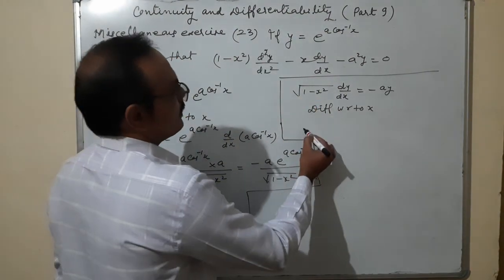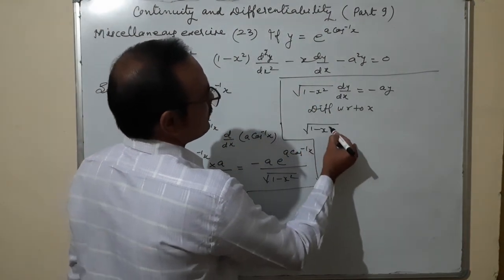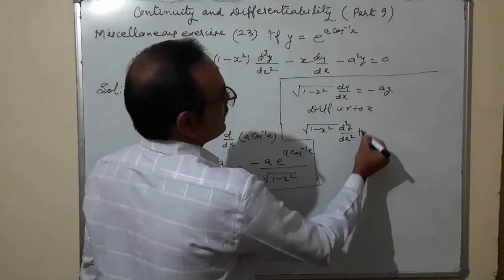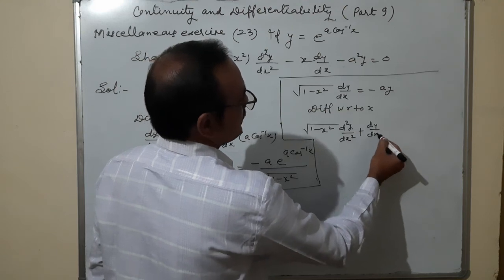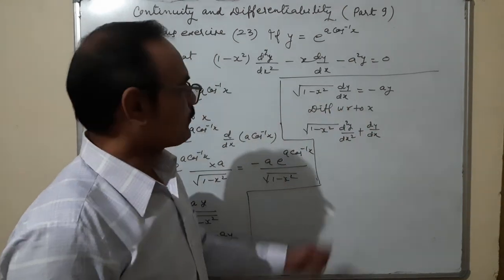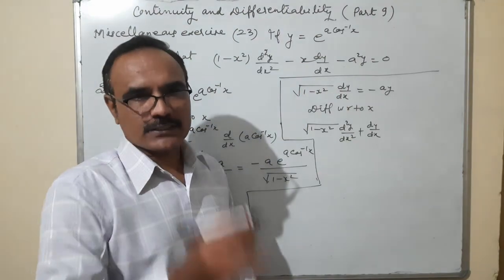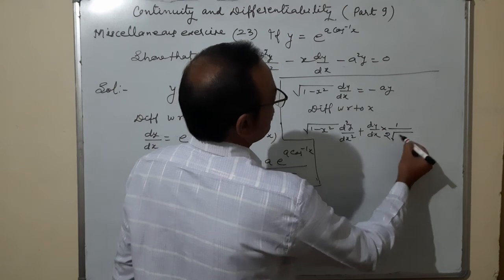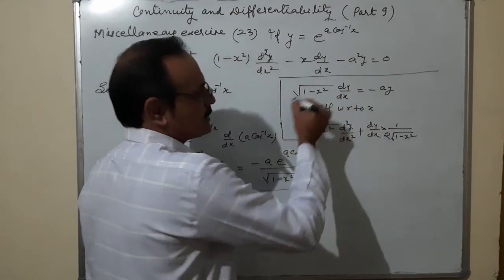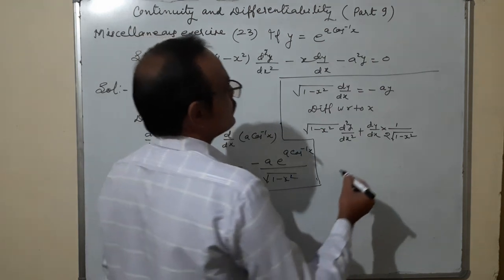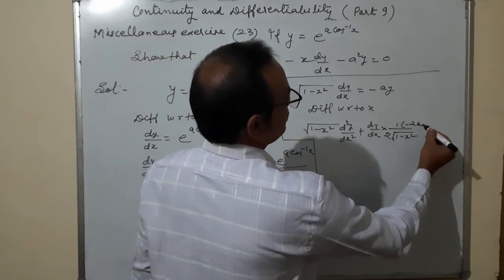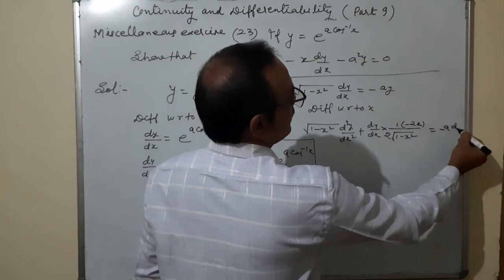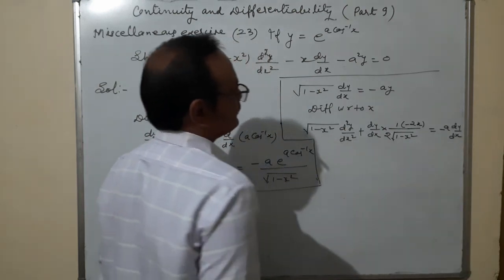First function under root 1 minus x square, differentiation of second function d square y by dx square, plus second function dy by dx, and differentiation of first function root x, differentiation of root x is 1 upon 2 root x. So right here 1 upon 2 under root 1 minus x square, and again differentiation of 1 minus x square, that is minus 2x. Okay, is equal to minus a constant term, and differentiation of y is dy by dx.